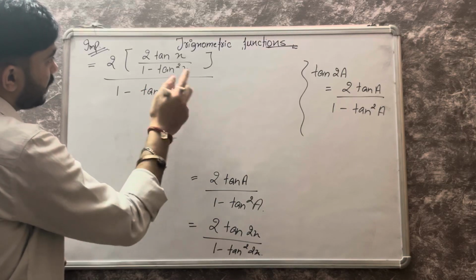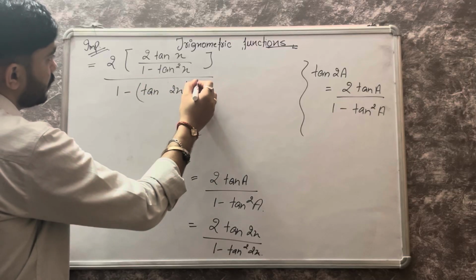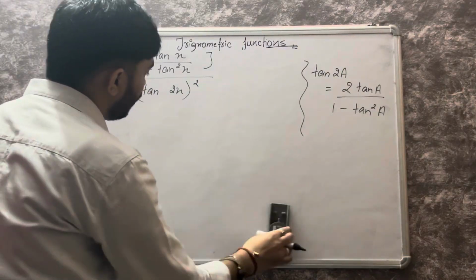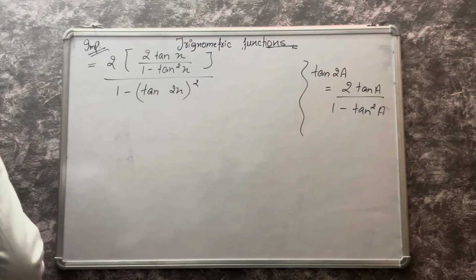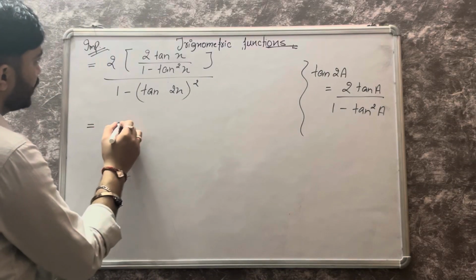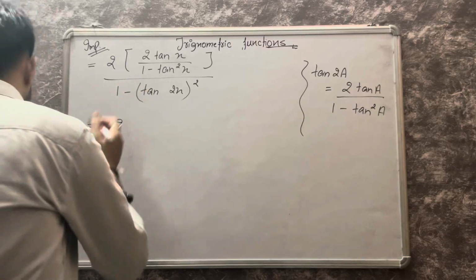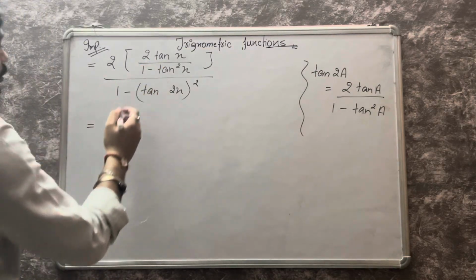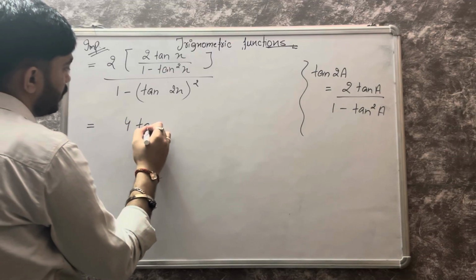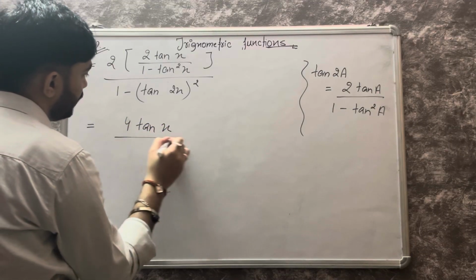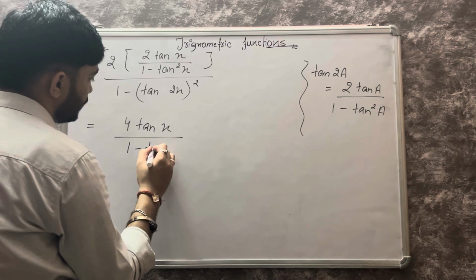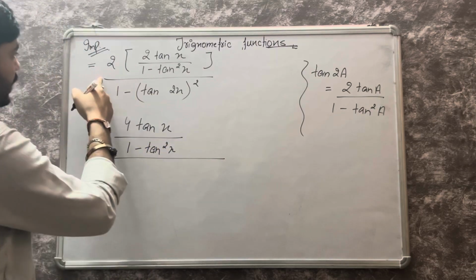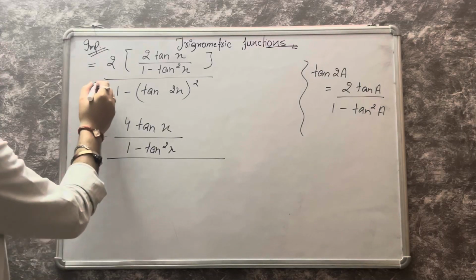You can take the square out because here also we are going to use the formula of tan 2x. So what will we get? 2 multiplied by 2 gives 4 tan x divided by 1 minus tan square x.